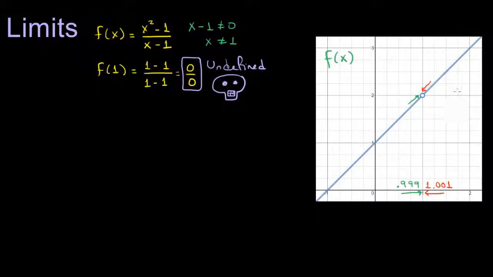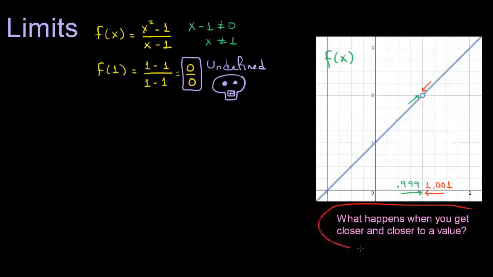Basically, that is the idea behind the limit of a function. It relies upon this question: what happens when you get closer and closer to a value? Here I'm saying what will happen to a function, of course.